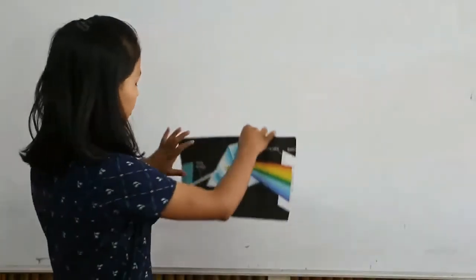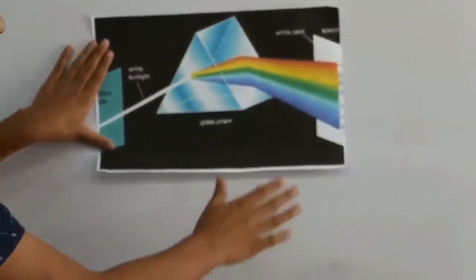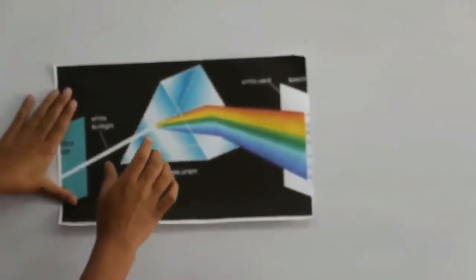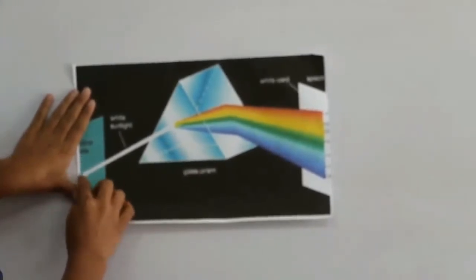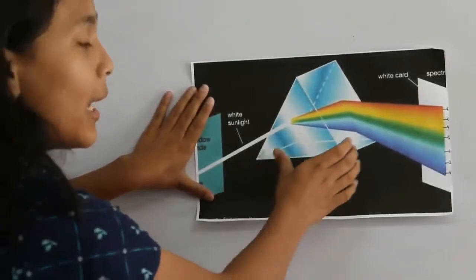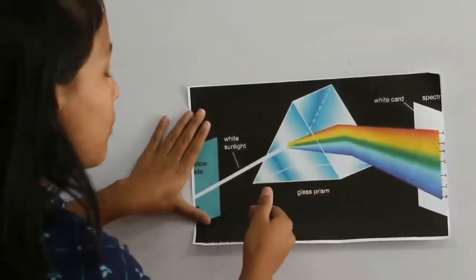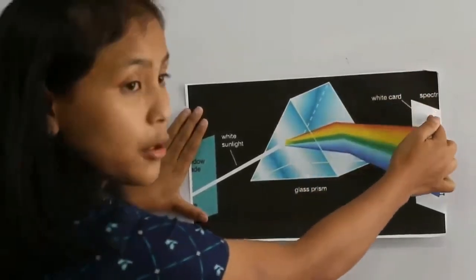One of his experiments is this. In a dark room, he allowed sunlight to pass through a small hole, and then he placed a prism in the path of the beam of light, projecting the light onto a white screen.